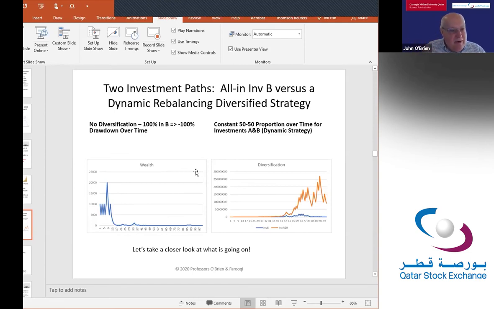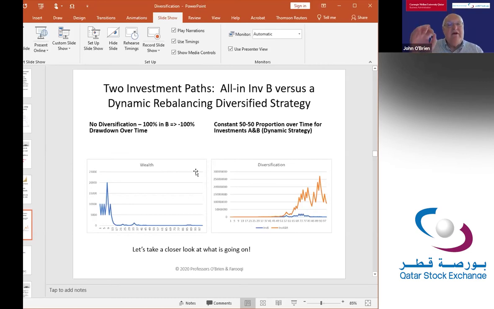If you have a very volatile opportunity that gives you a high expected return, and it's independent, there are a few things going on, but this 50-50 dynamic strategy will avoid, or mathematically should avoid, a minus 100% drawdown. So this is just a very simple example of what we mean by diversification.